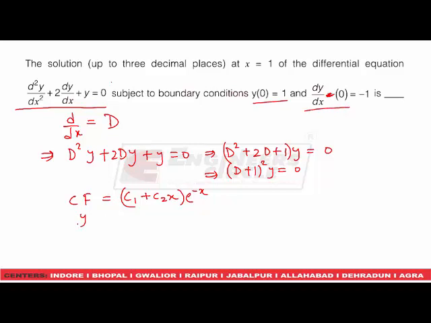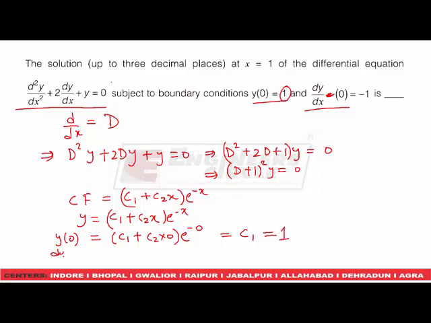So taking y as (c1 plus c2 x) into e to the power minus x, we have two values. y at 0 will be, putting x equal to 0, c1 plus c2 into 0 into e to the power minus 0. So it comes out to be c1, which is equal to 1.